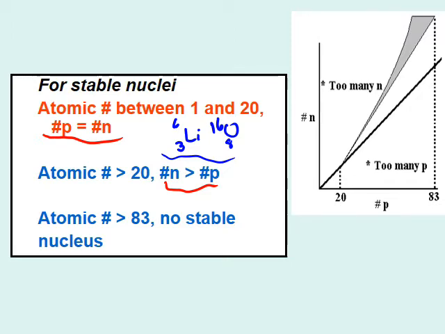Why? When atomic number is more than 20, let me show you pictorially, there are quite a few protons in the nucleus. So since protons repel each other, it needs more neutrons to sit in between. So let's use a different pen.